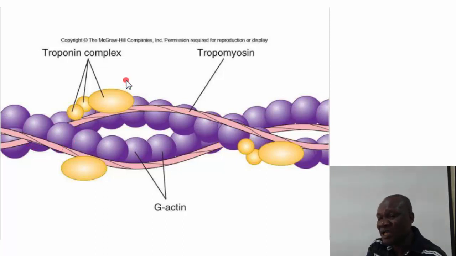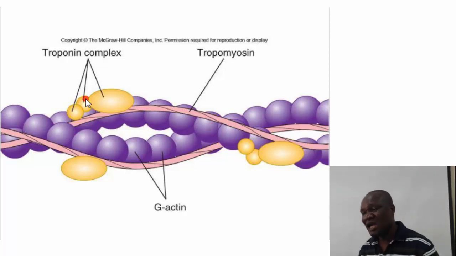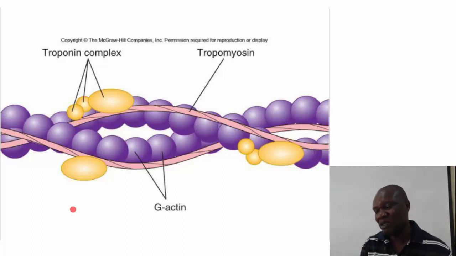Then we have troponin, with three subunits: troponin T, which binds to tropomyosin to form a troponin-tropomyosin complex; troponin I, which binds to the actin filament, holding the tropomyosin in place; and troponin C, which binds to calcium ions. So this is our thin filament.